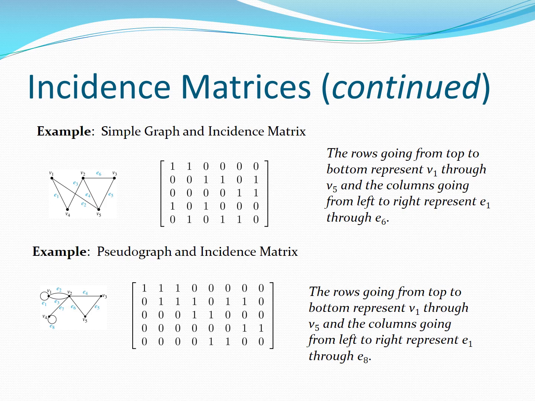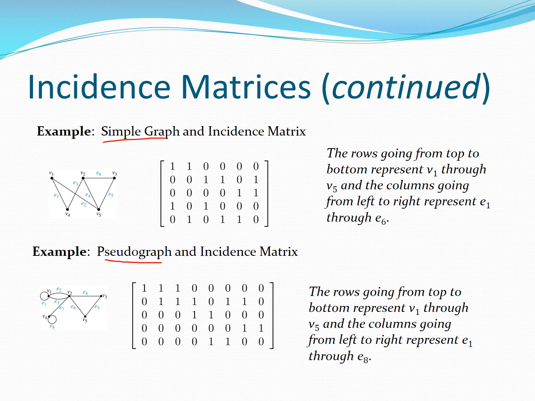Let's take two examples to understand how to come up with incidence matrices for a given graph. The first example is that of a simple graph, and the second example is that for a pseudograph, which contains loops and multiple edges between vertices.